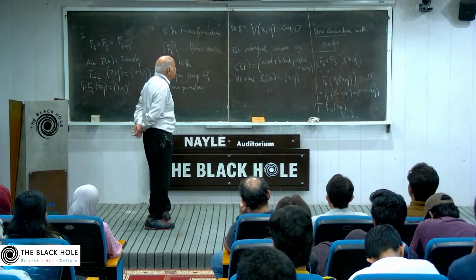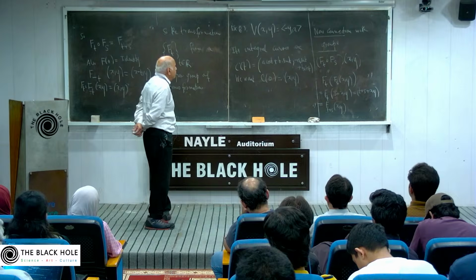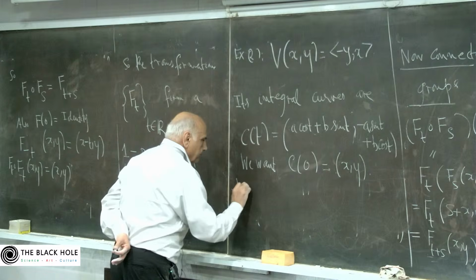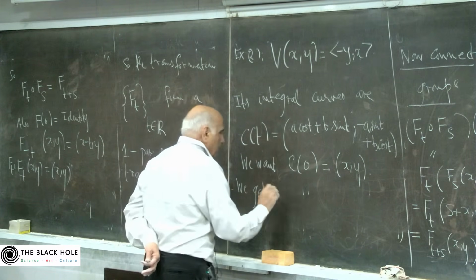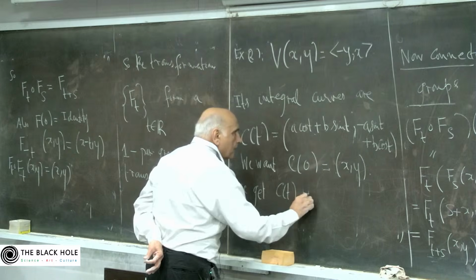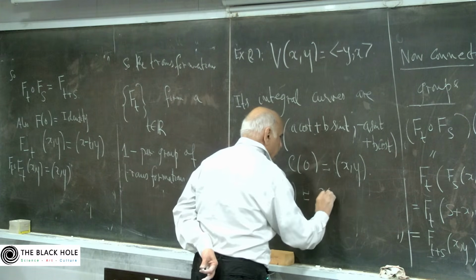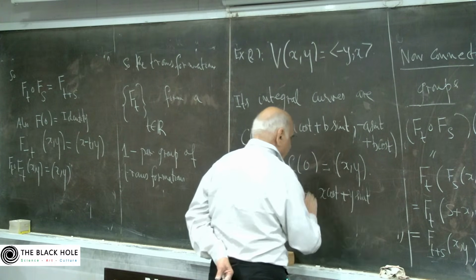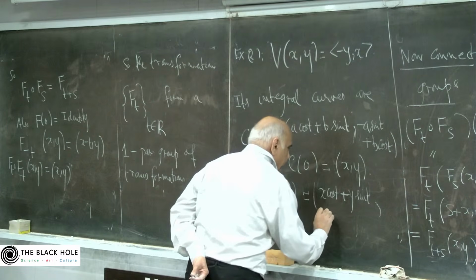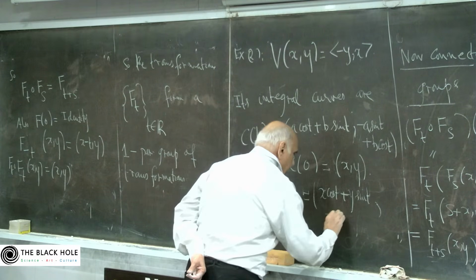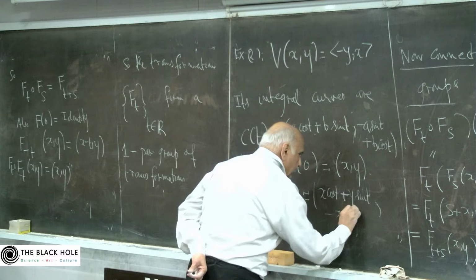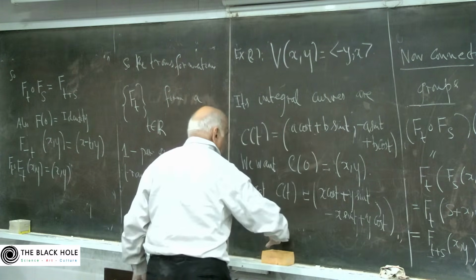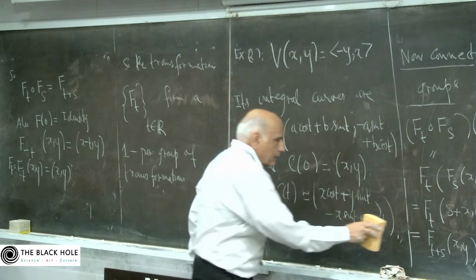Put t equal to 0, what do you get? So we get C of t equal to x cos t plus y sin t, and minus x sin t plus y cos t.